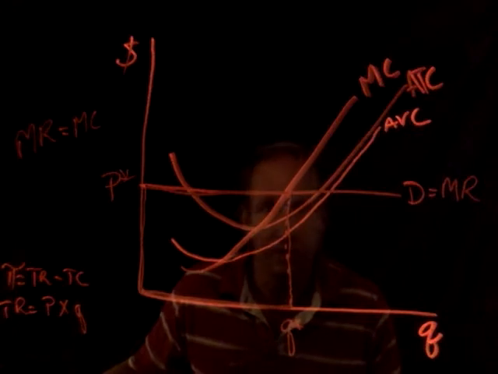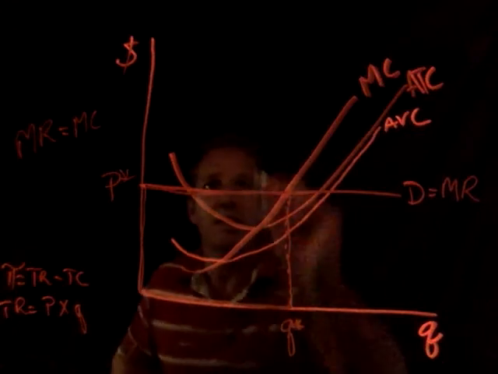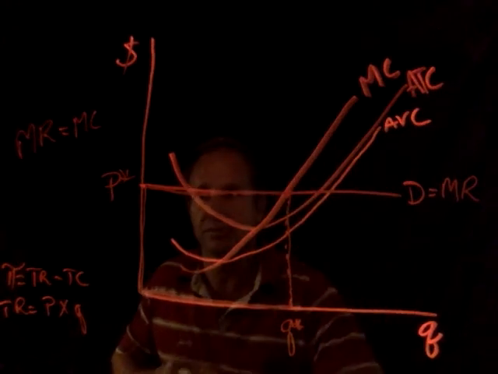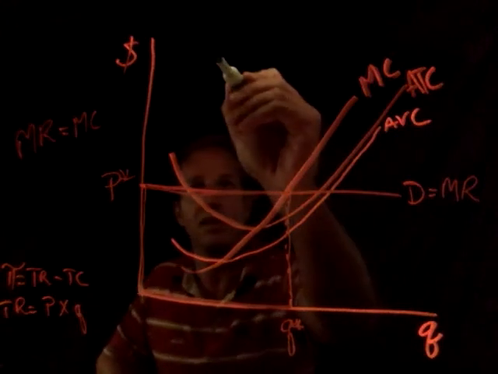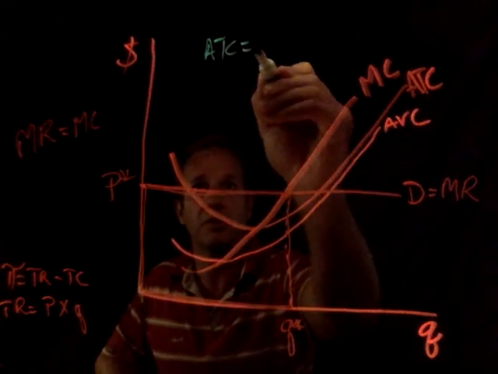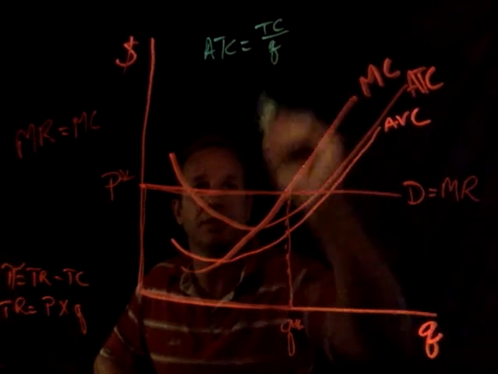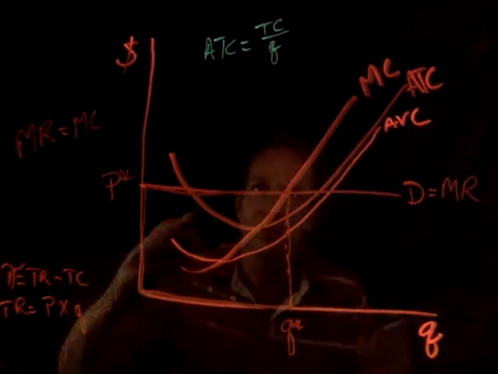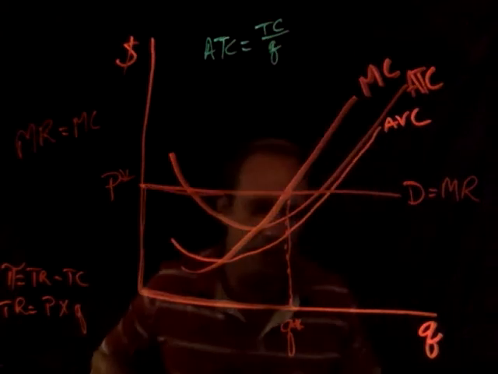Or before I do that on the board, let's think about it more formally than in lay terms. Average total cost, I'm going to switch to a different color because this is kind of an aside. Average total cost was equal to total cost over quantity. So it's what's up top, quantity's on the bottom.